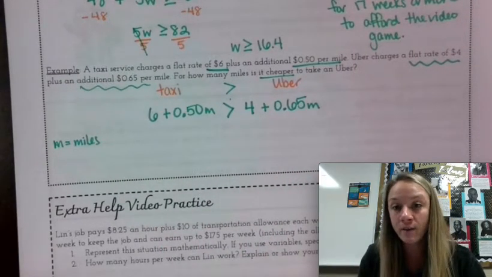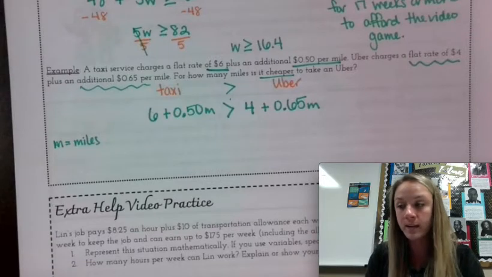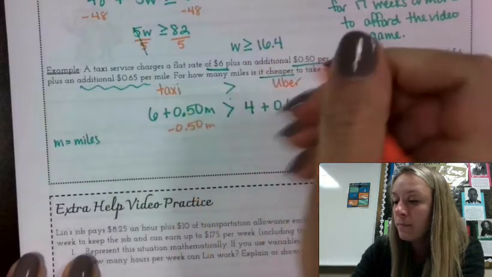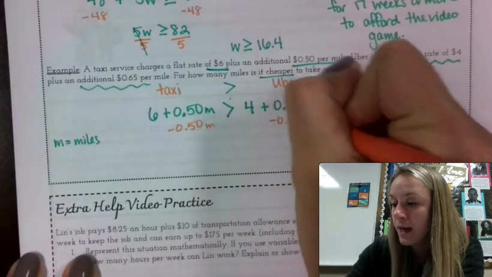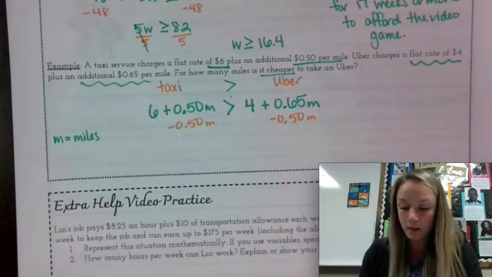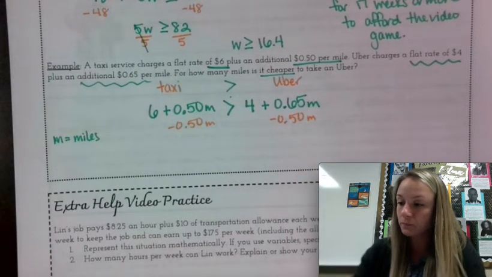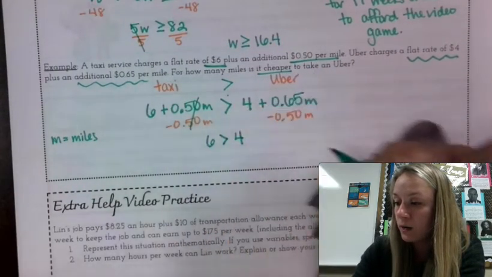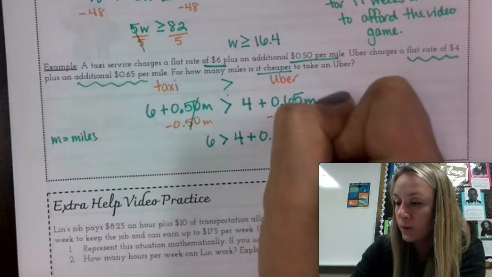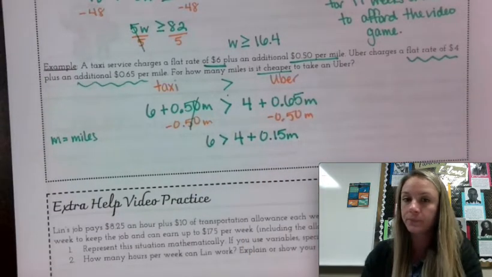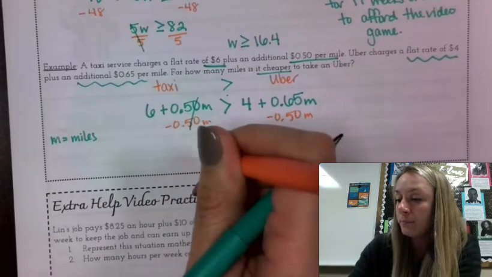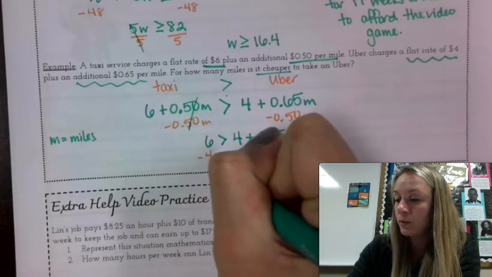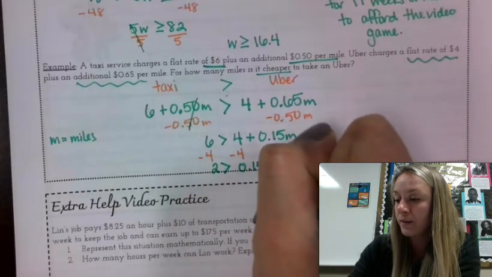And now I can solve it, and I want to get all of my variables on one side, all of my constants on the other. So I'm going to subtract my 0.5 m from both sides. And when I do that, these go away, I'm left with 6 is greater than 4 plus 0.15 m. Then I can subtract 4 on both sides, and I have 2 is greater than 0.15 m.